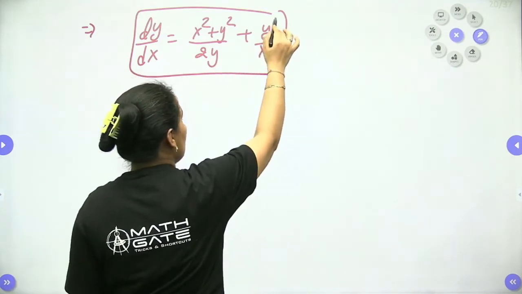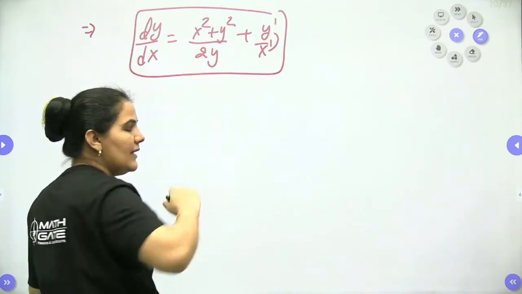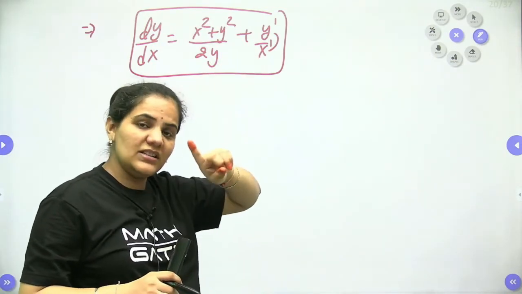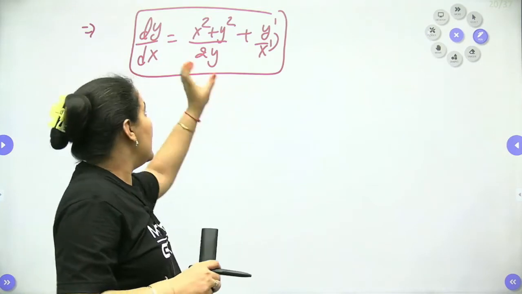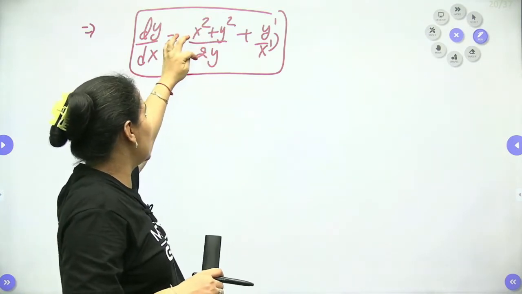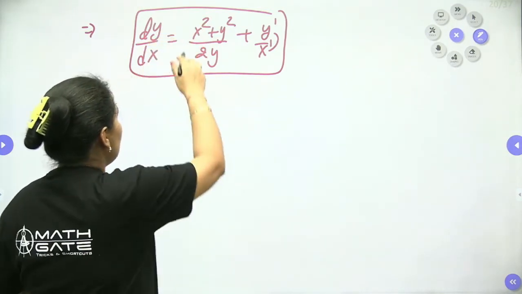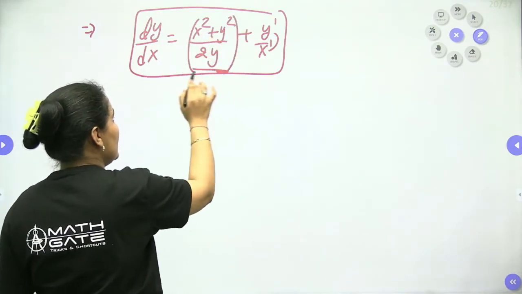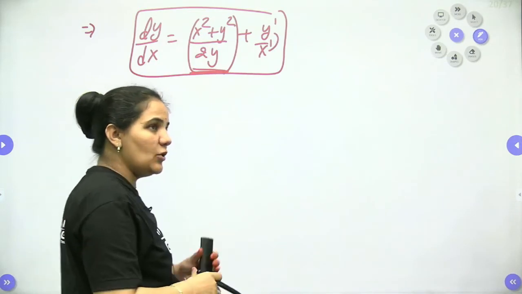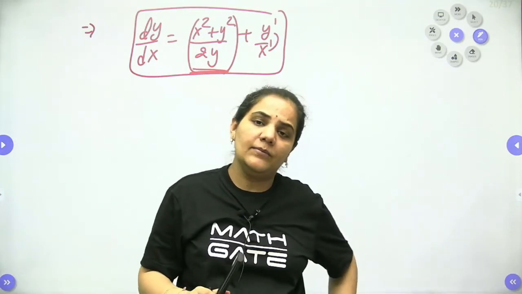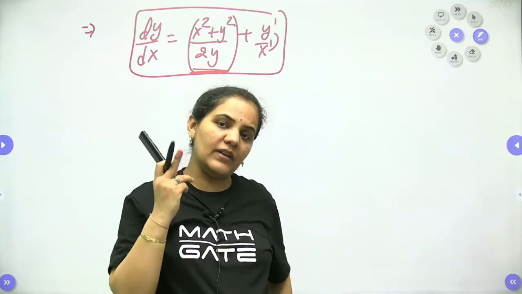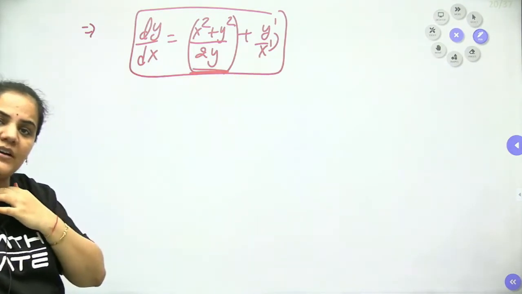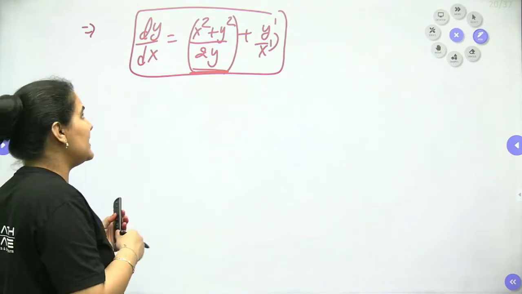Here the degree of y is 1, the power of x is 1, so this is a homogeneous function of degree 1. Here we have 2 and 2, and here we have 1, so it will be 2 minus 1, that is 1. So this, including numerator and denominator, is also a homogeneous function of degree 1, and the second one is also a homogeneous function of degree 1, right? So we can approach it directly, guys.